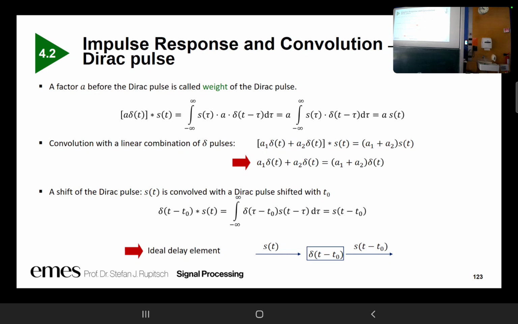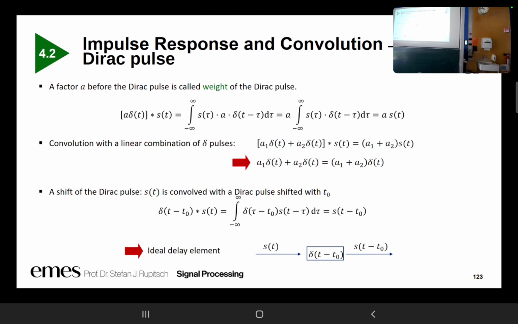If you take a look at RF, radio frequency transceivers, you have the problem that to generate a signal with high frequency bandwidth immediately, you can do this with a very short pulse. You can do it always with a Dirac pulse, but a Dirac pulse cannot be generated, but you can generate it with a very small pulse.